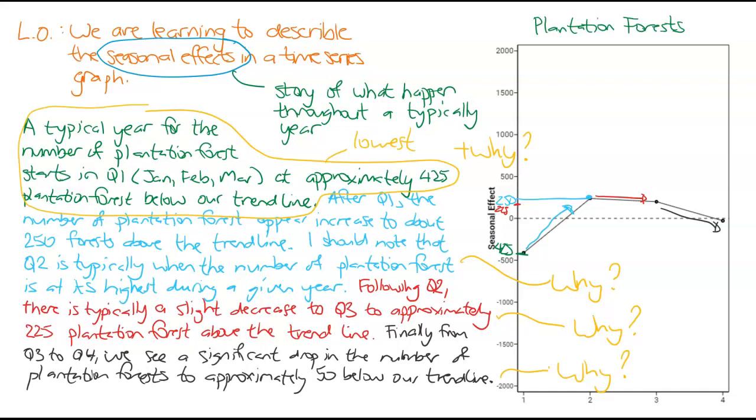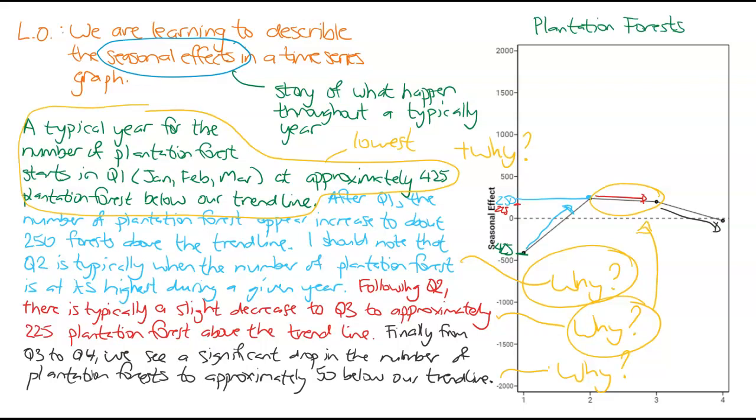Now, with forestry plantations, you might be thinking of reasons, what's happening in the forest that explains this. For example, the big jump from quarter 1 to quarter 2 might have been planting season, where we went from hardly any forests to quite a few new ones, because that's the time of year you're meant to plant them. And then maybe from quarter 2 to quarter 3 there's no change because you're letting all those forests grow.